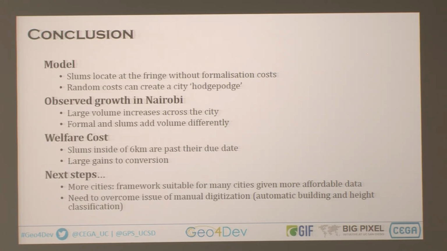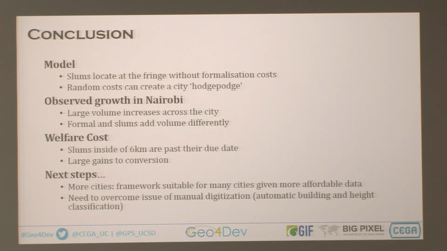Okay, so just to wrap up, first, in the model, without formalization costs, we have slums locating at the city fringe. But adding these costs can create a more believable looking city with this hodgepodge. In the data, we see large increases in growth, and this is being delivered differently in the informal and the formal sectors.